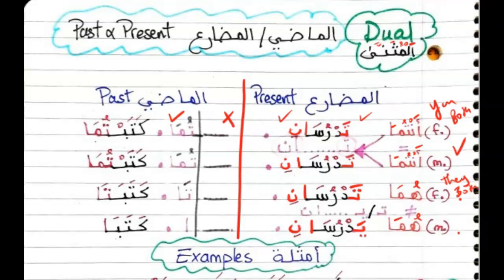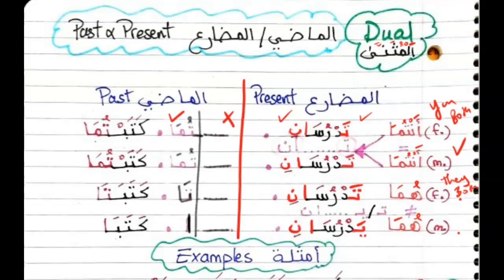But if you're talking about two ladies, you would say huma katabata, they both wrote. Katabata. So you would add ta at the end. Katabata. Two males, kataba, kataba. You would only attach alif, long vowel, and you place nothing on the alif.